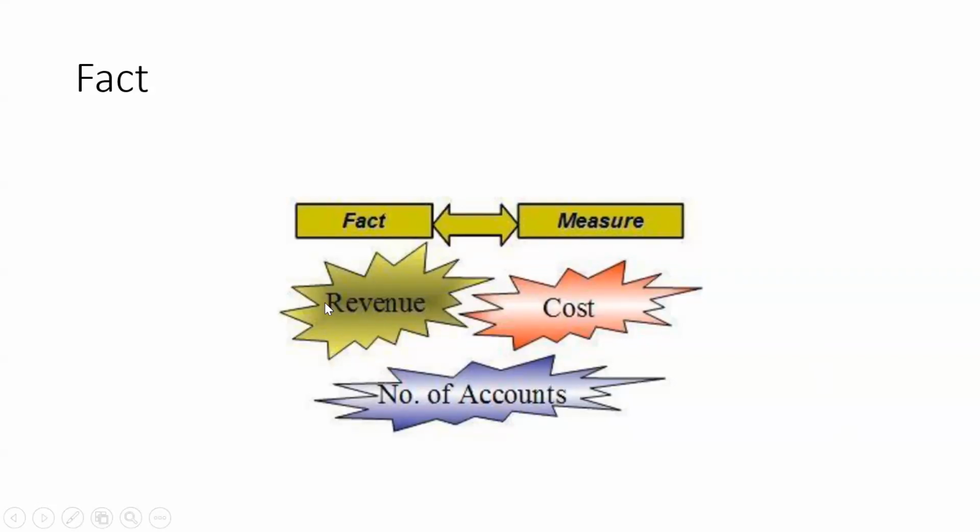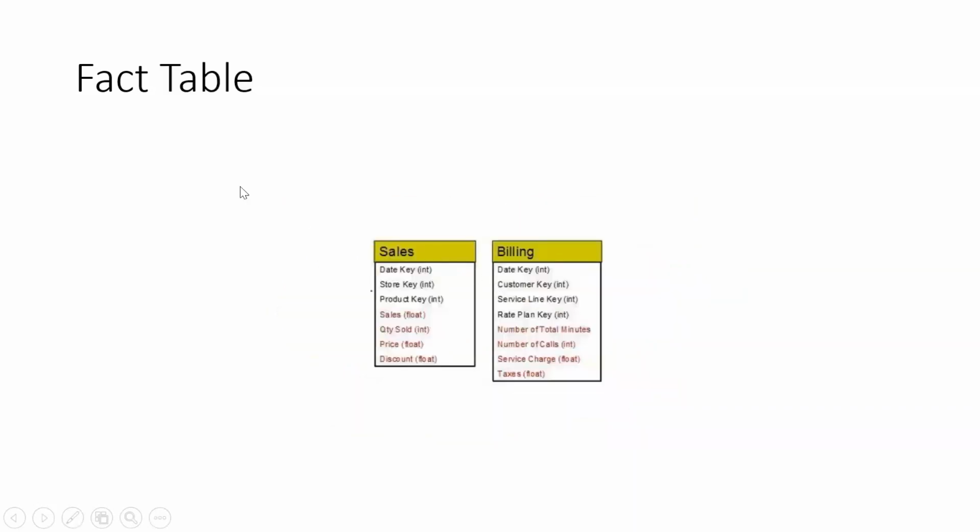Revenue, how much the revenue is, what the cost is, how many accounts there are for a particular user. Those are all quantifiable data, called fact related information, facts or measures. All those facts and measures get stored in a particular table, called a fact table.